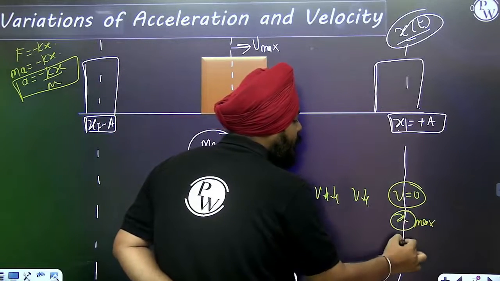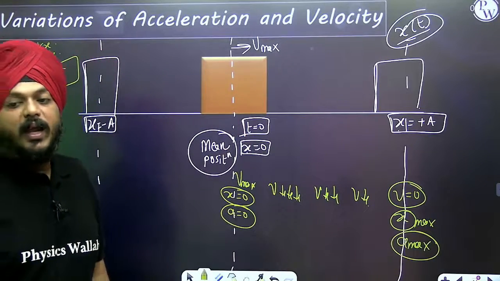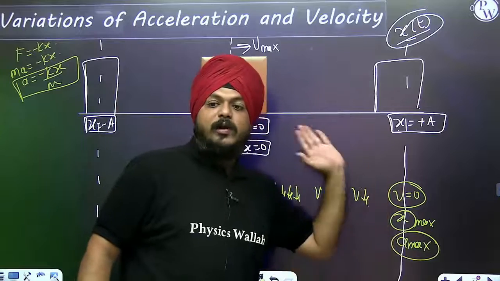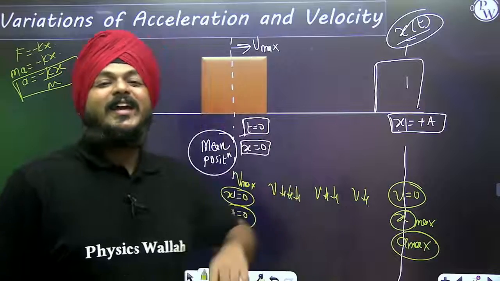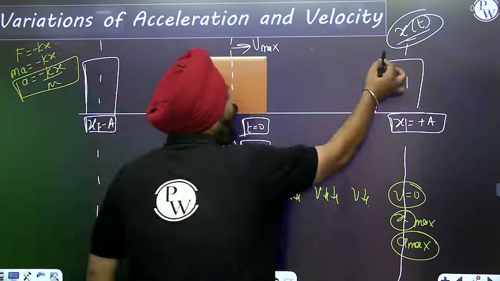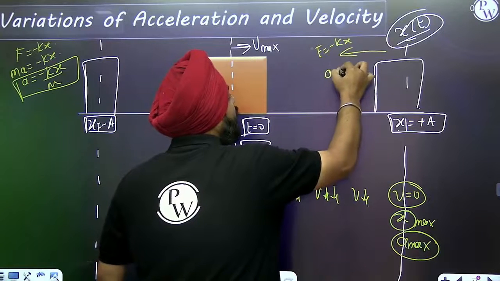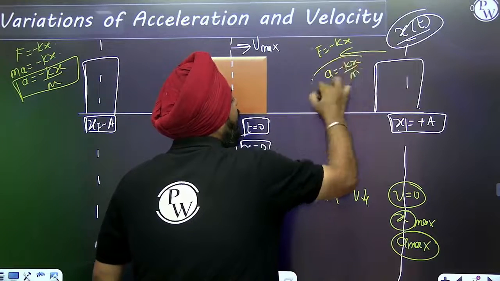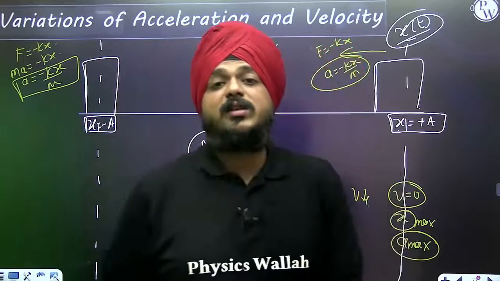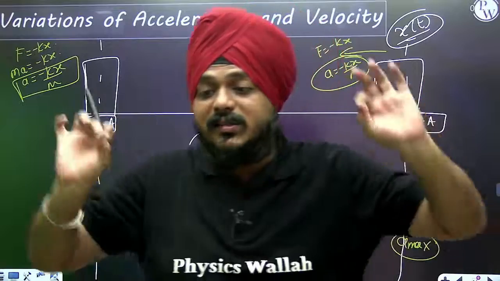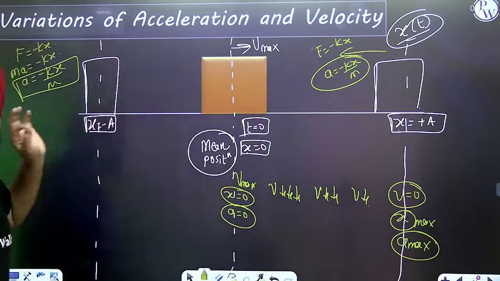Elongation is maximum, so for that reason the acceleration is maximum. But as the restoring force is acting towards the center, the acceleration is also directed towards the mean position. Acceleration in SHM is always directed towards its mean position.